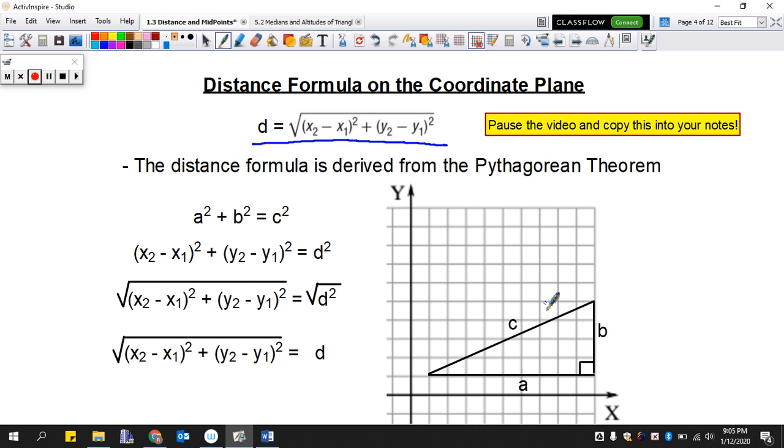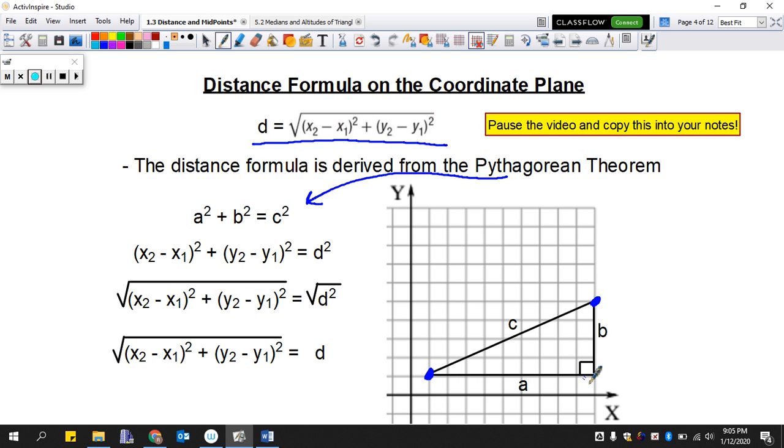You learned about the Pythagorean theorem in middle school. It says that if you have a right triangle, then if you take leg A, square it, plus leg B, square it, that gives you the hypotenuse, or C, the longest side, squared.